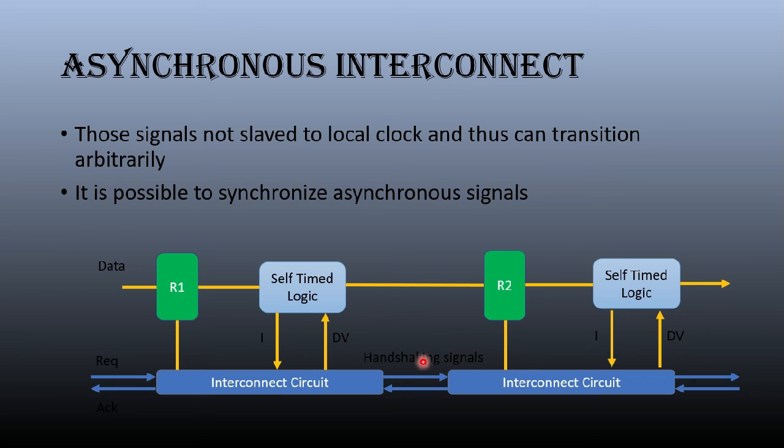If the handshaking is successful, then it sends the I signal, which is the initialization signal for the data transfer. After the initialization signal has been sent, the data transfer happens between this register and this register. So this is how the data transfer happens in an asynchronous interconnect when it is interfaced with the synchronous interconnect.